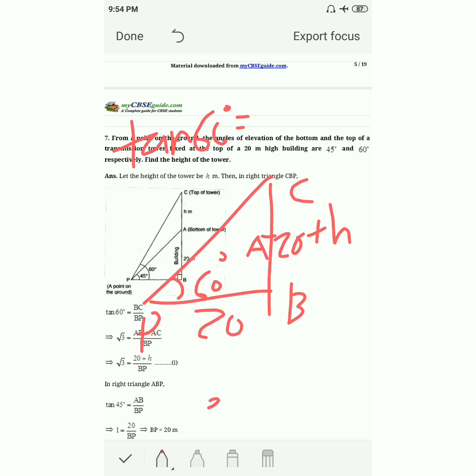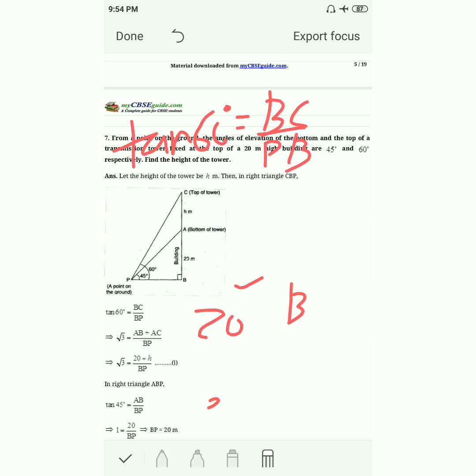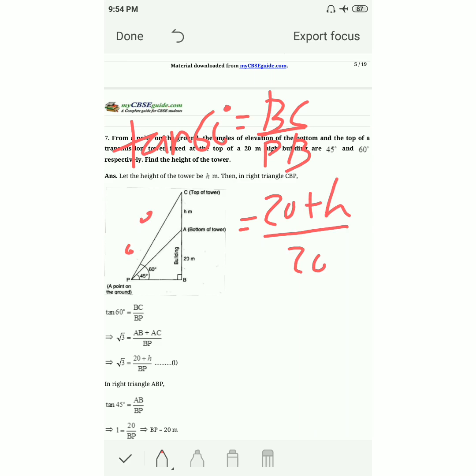Opposite side is BC right now. Adjacent side is PB. So what is the length of BC? It is a 20 plus H upon PB. PB we find 20 meter and tan 60 it is under root 3.